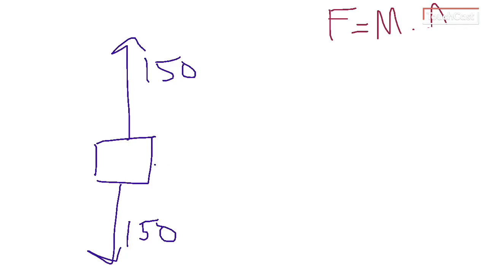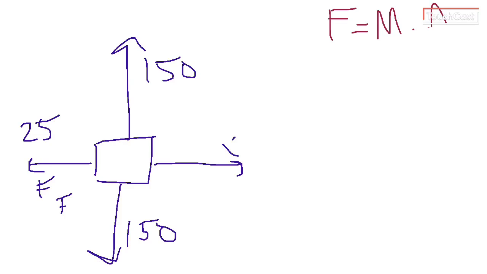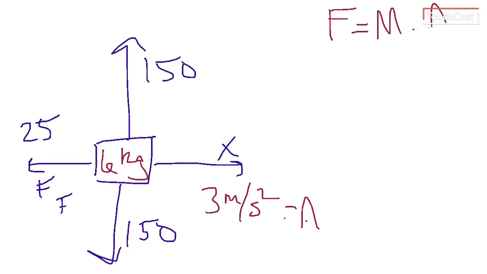And let's say there's 25 friction force and some unknown force here. We have a 6 kilogram object that's accelerating at 3 meters per second squared. We need to solve for this force here.